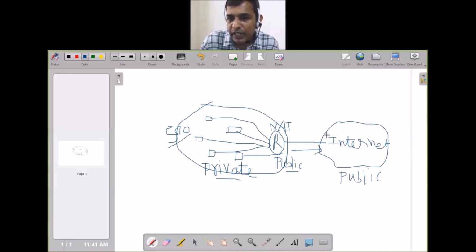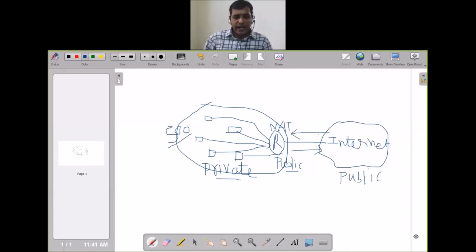What if a packet comes in from the internet? The packet may come to the NAT router with the NAT router's IP address, which is a public address. It is the responsibility of the router, using a NAT table, the network address translation table, to convert it, find out who the destination node is, and send it there. So this concept we call network address translation.